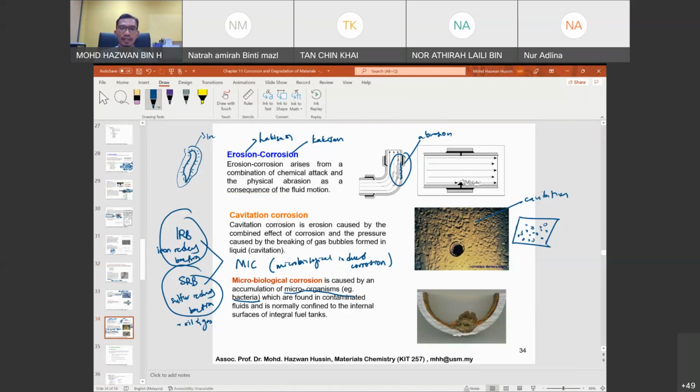It has no mouth, so it excretes chemicals, and the host will be digested and then consumed. We consider it consumed the metals, and when it consumed, of course it will be corroded. Microbiological corrosion is caused by the accumulation of microorganisms found in contaminated fluids, and is normally confined to the internal surface of integral fuel tanks.